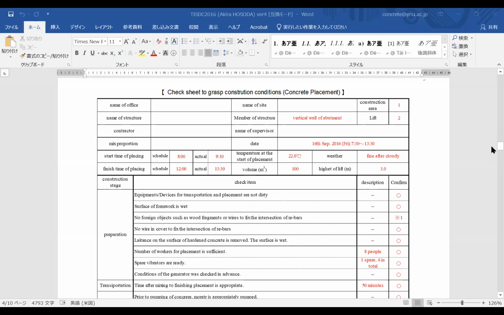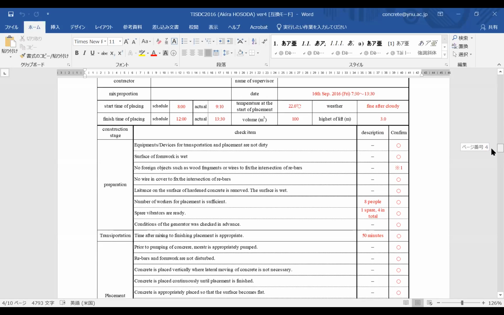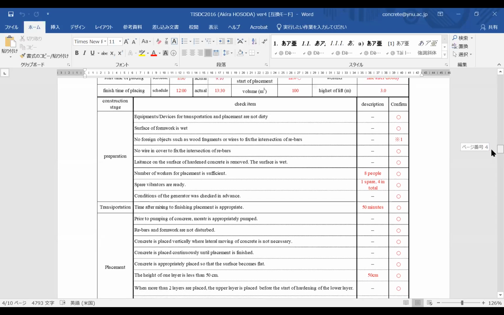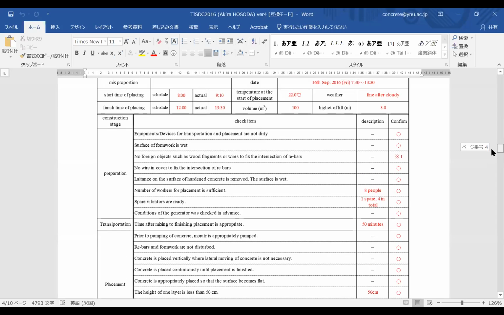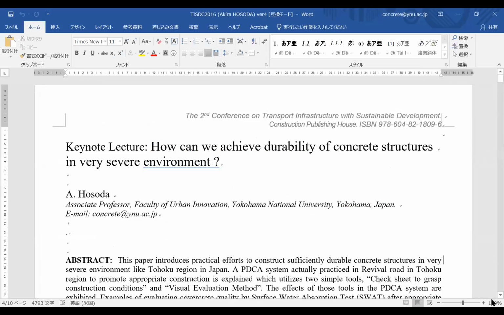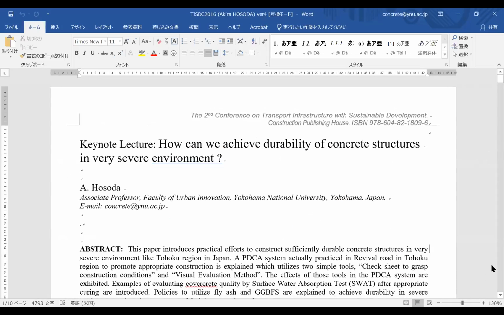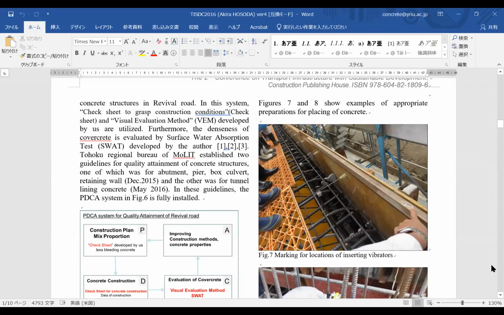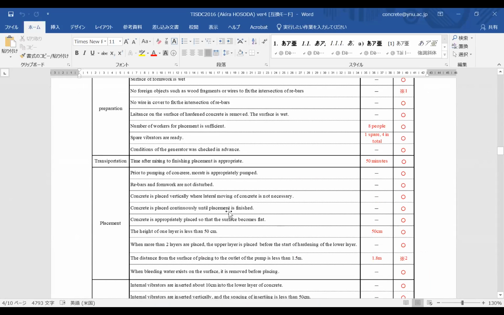What are written? Let's check. Totally 27 or 28 items are picked up in this one sheet.